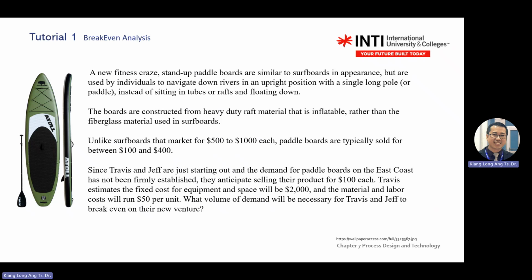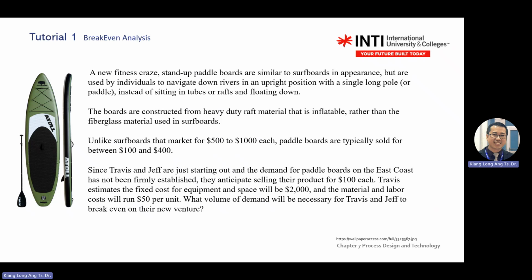They estimate the fixed cost of the equipment will be 2,000, CF is 2,000. Material and labor will cost 50 per unit. So 50 is the variable cost.